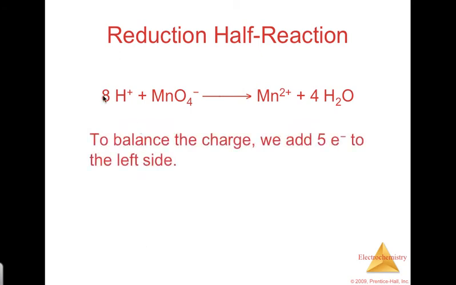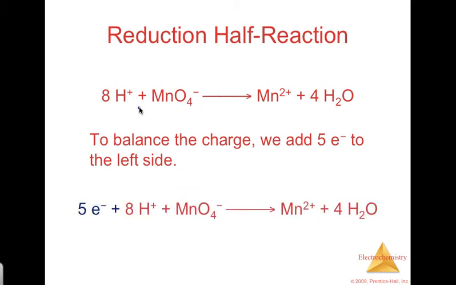If you notice, I have 8 positives and a negative on this side. So on this side I am +7 overall charge. Here I am +2. So I need to add 5 electrons to this side so that together it is a +2 and the charges are equal on both sides.